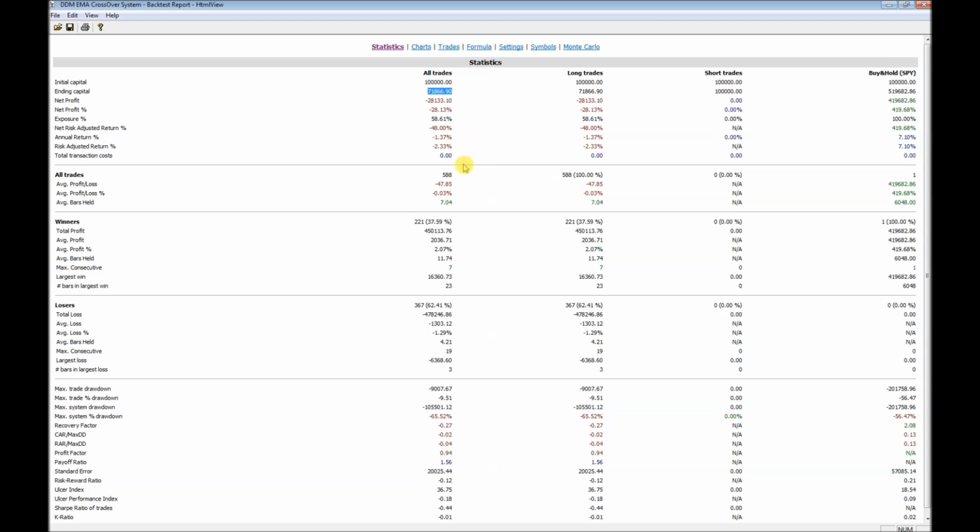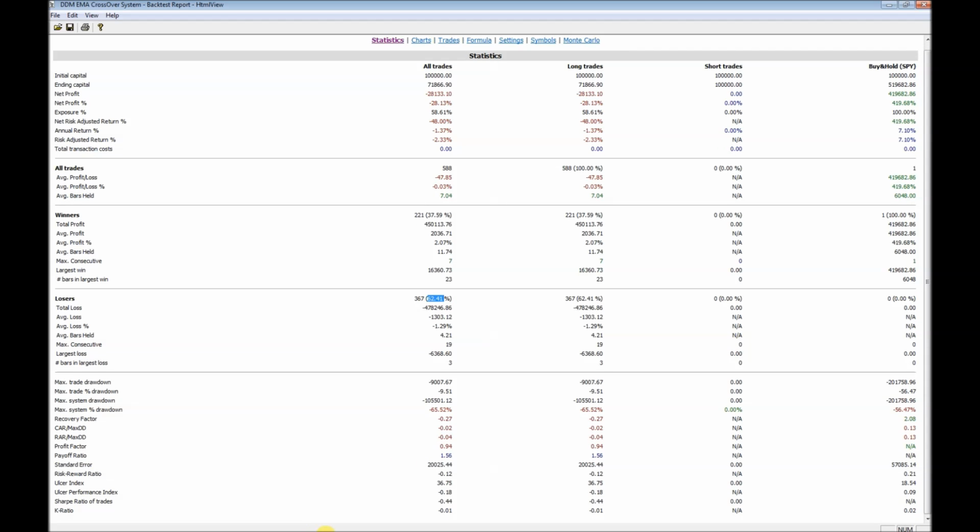And then it'll tell you the expectancy dollars and the expectancy percentage. So you can see here winners were almost 40%, losers were about 60%. And if you look at some of the other key statistics, you did have a positive payoff ratio of 1.56.